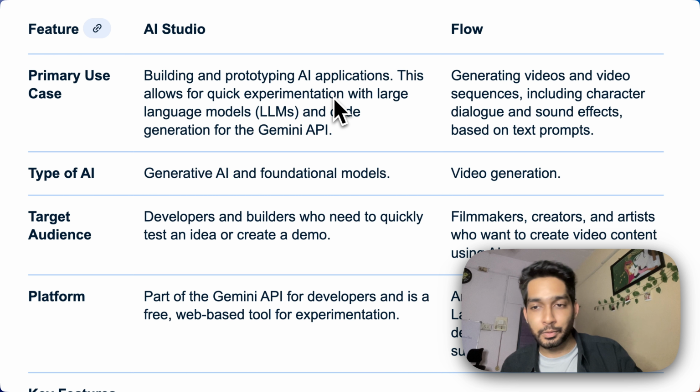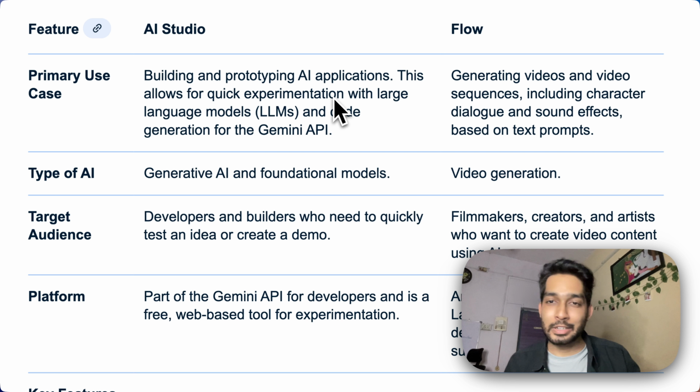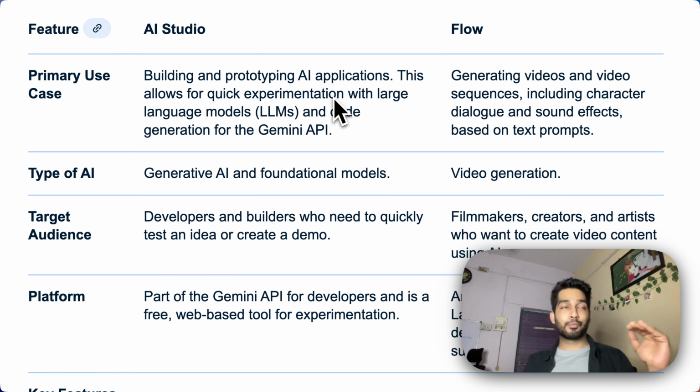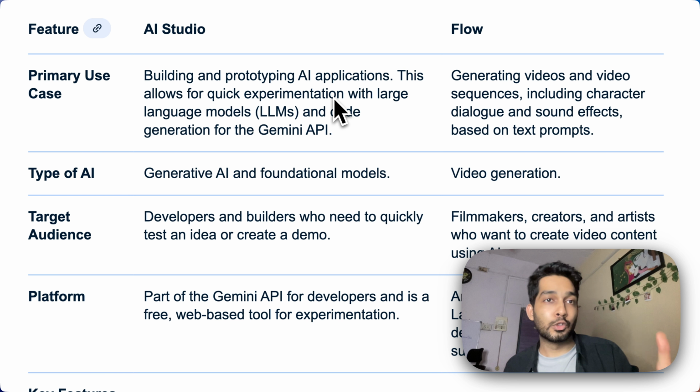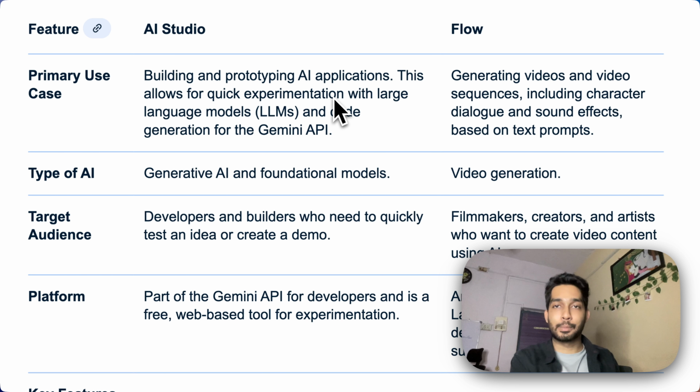Flow is more for artists, filmmakers, creators, and once a model stabilizes for the consumers, it becomes available on Google Gemini. So Google has built AI Studio, Flow Labs, and Gemini to give their AI models to different segments of customers.